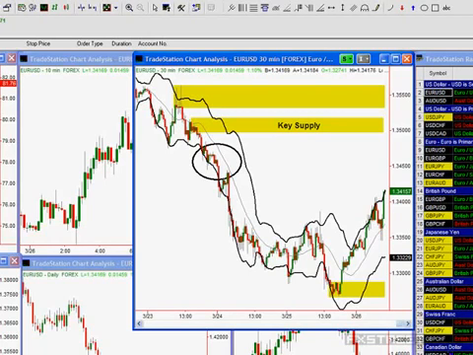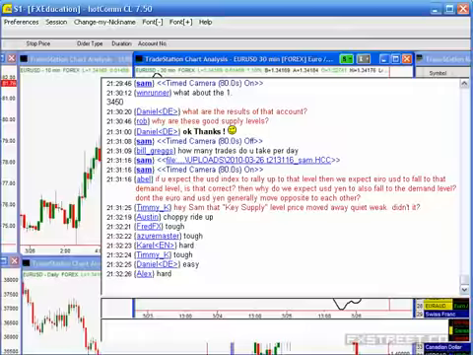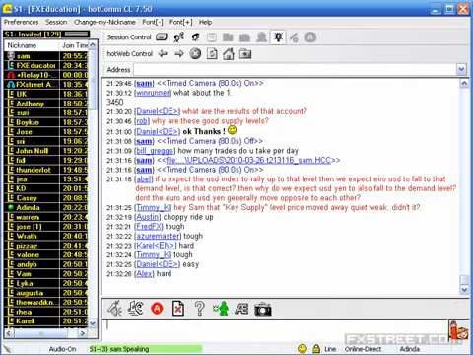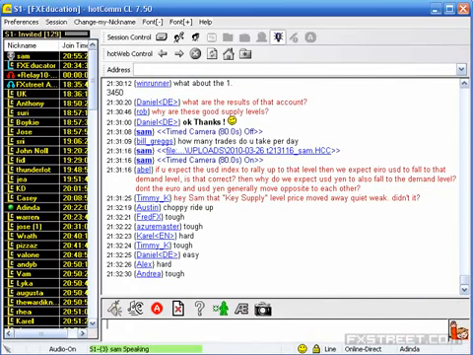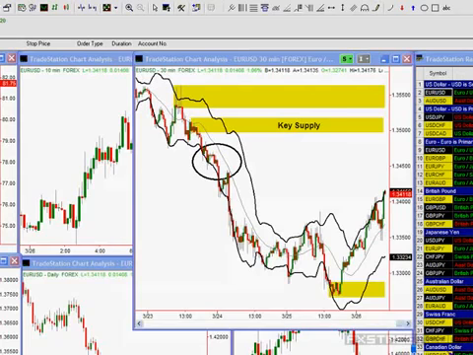Yeah, probably a little tough, right? Because there's some sellers there. The chart's telling us there's some sellers in that circled area. Therefore, you're going to use up quite a bit of buying. It's going to take more demand to get through that circled area than if those little levels were not in that circled area.